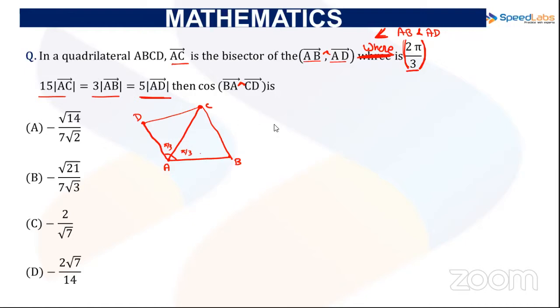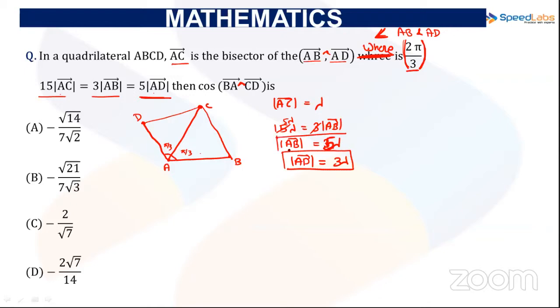If I put in this equation, you'll get 15 lambda equal to 3 AB, so mod of AB is equal to 5 lambda. Similarly, comparing the first and third parts, mod of AD equals 15 upon 5, that is 3 lambda. So AB is 5 lambda, AC is lambda, and AD is 3 lambda.